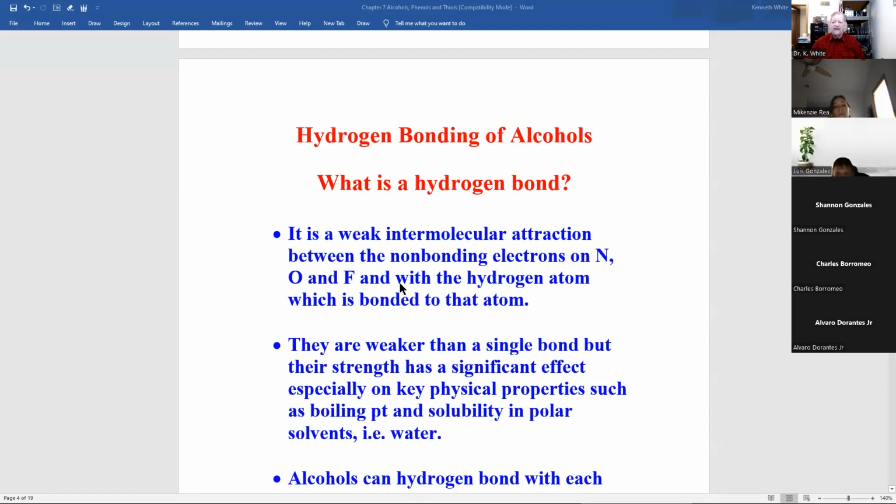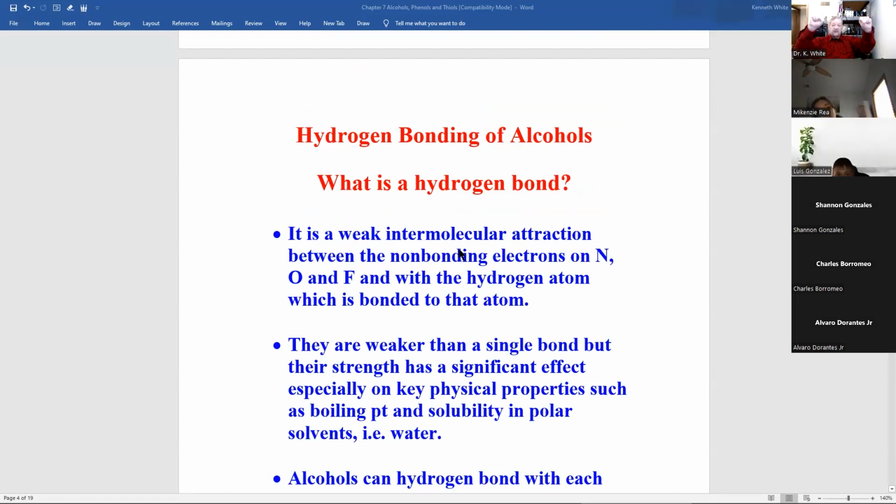All right, everybody. The switch, will this be on the test, is in the off position. Click. But it's still something that I want to talk about because it's an important part of alcohols. And that is, alcohols can hydrogen bond. Now, what's a hydrogen bond? It's a weak intermolecular interaction.